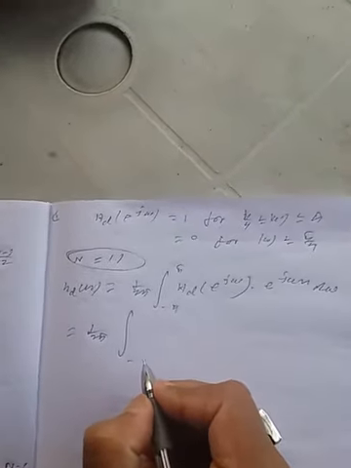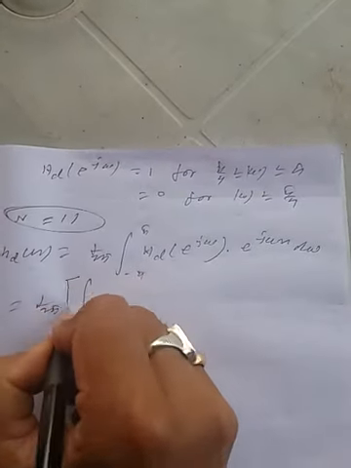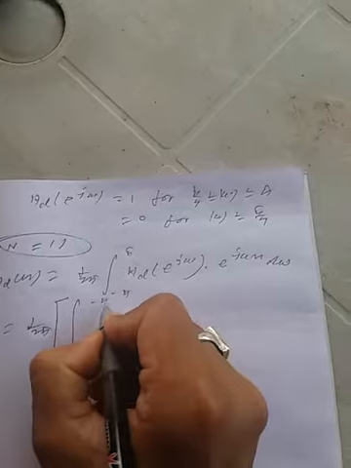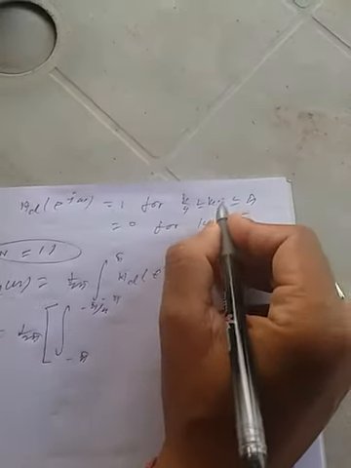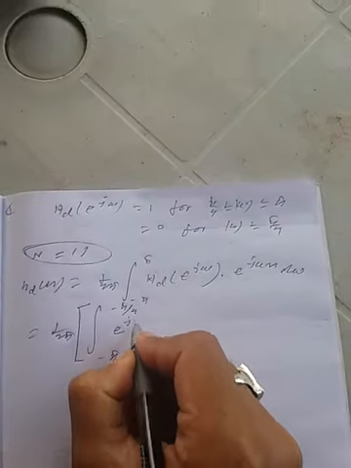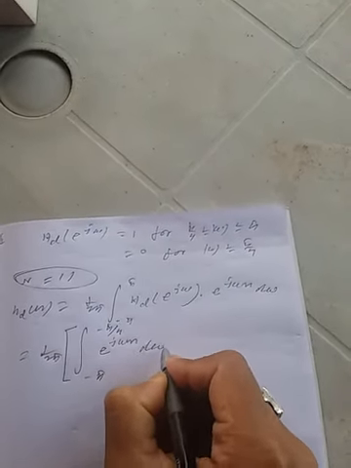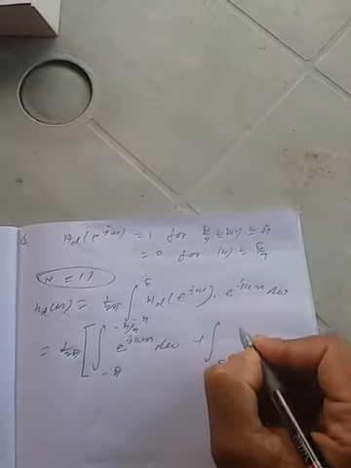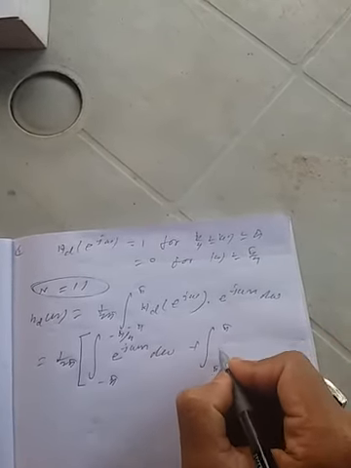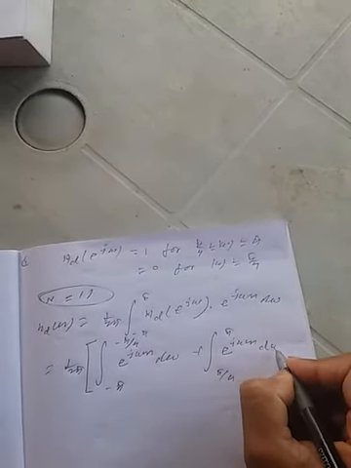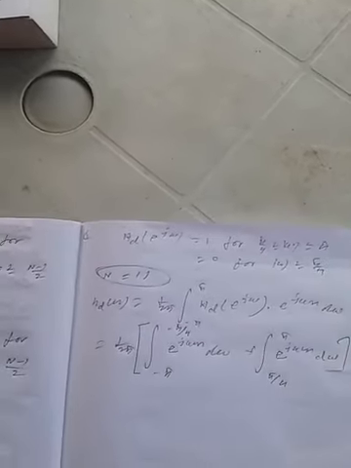Just changing the limit of the integration, we get −π to −π/4, because there is a mod, so e^jωn dω, plus integration over π/4 to π of e^jωn dω, right?